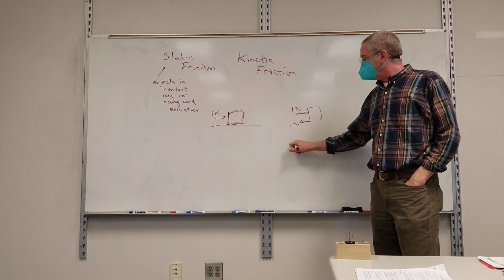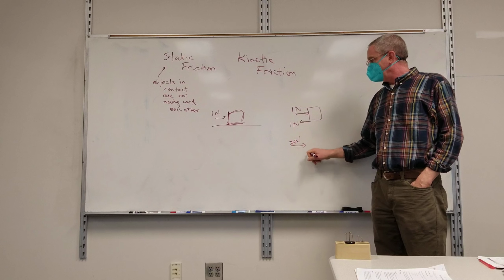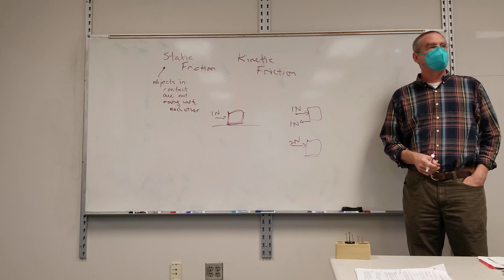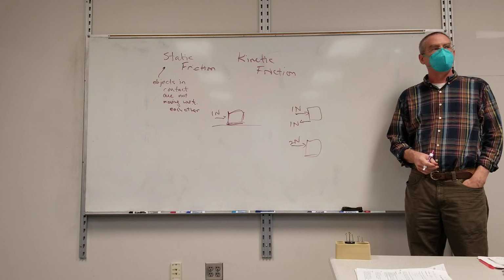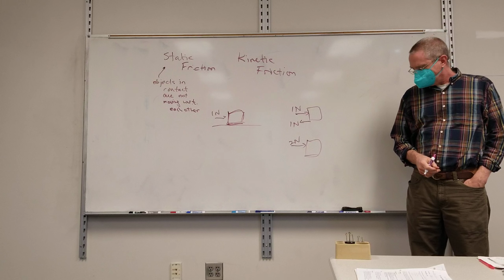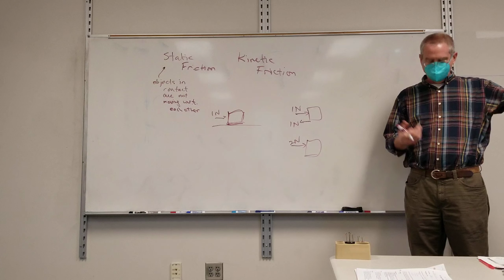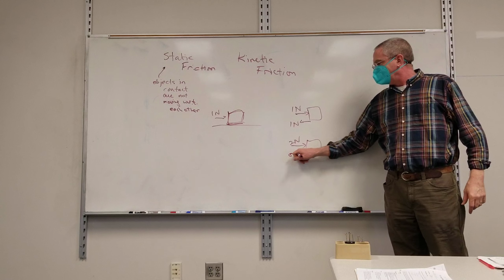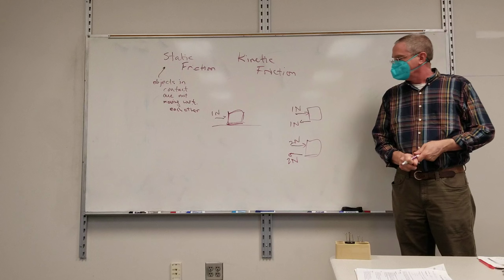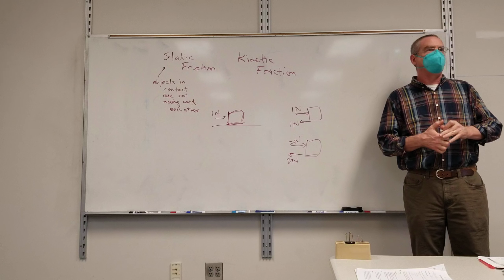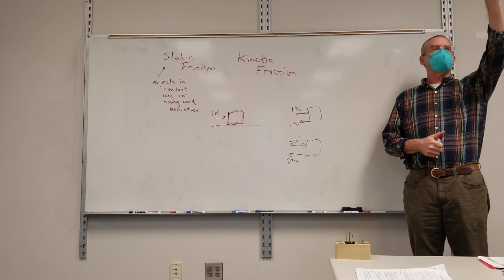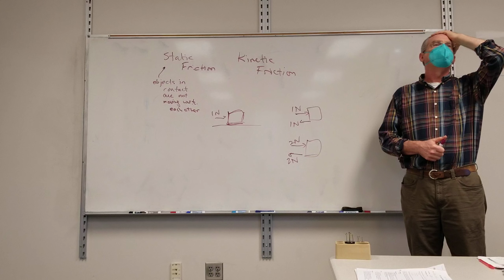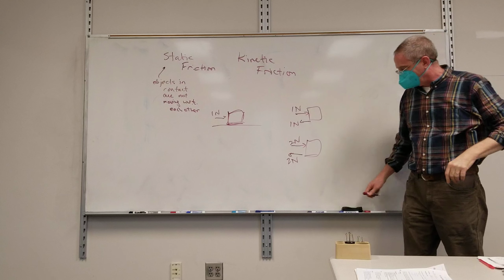If I push with 2 Newtons of force, and it's still not sliding, how much friction force is there? There we go. And so, obviously there is a breaking point.